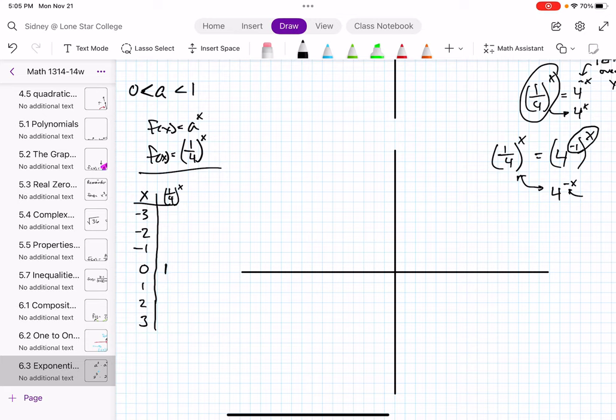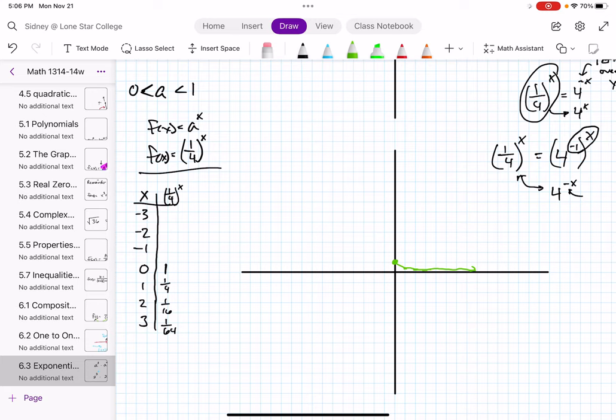Okay, I got that. 1/4 to the power of 1 is 1/4. 1/4 squared is 1/16. 1/4 to the third power would be 1 over 64. And so if I go to plot these values, the easy ones, I got 0, 1 right there. And then I got 1/4, 1/16, 1/64. We are already super, super tiny values. And so that's coming, and it's going to hug that horizontal asymptote at 0, getting infinitely close but never touching.